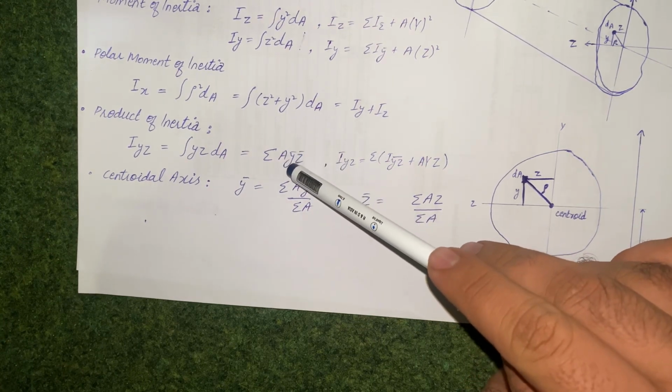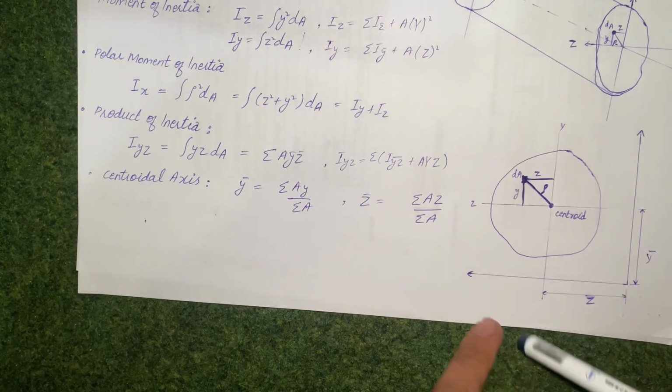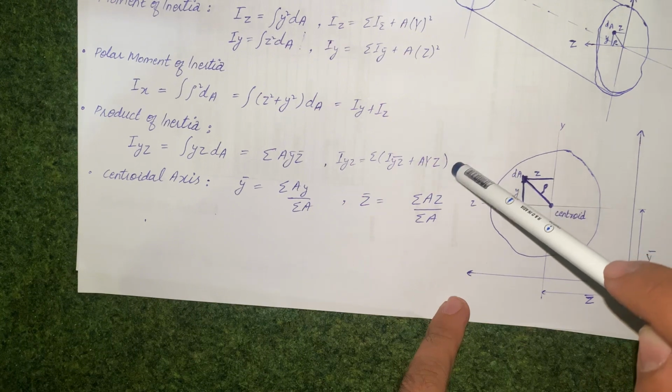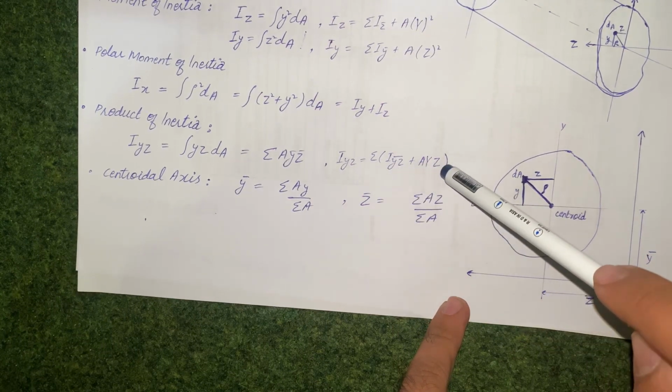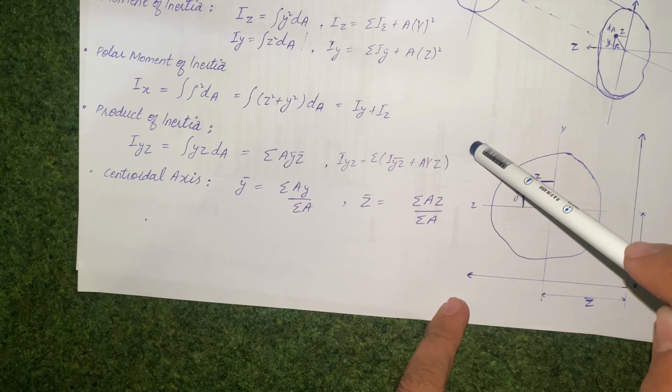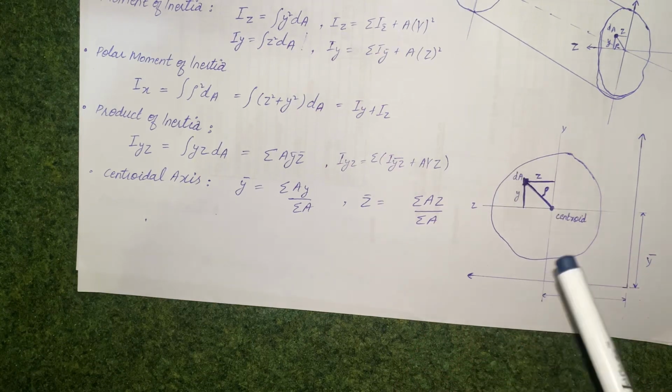This formula is for composite sections. For those sections which are not symmetrical, we can also find the product of inertia by this formula. And the second point is that the product of inertia about the principal axis is zero.